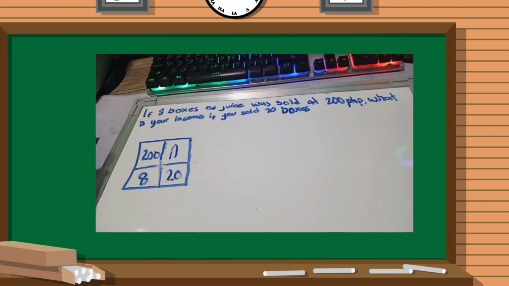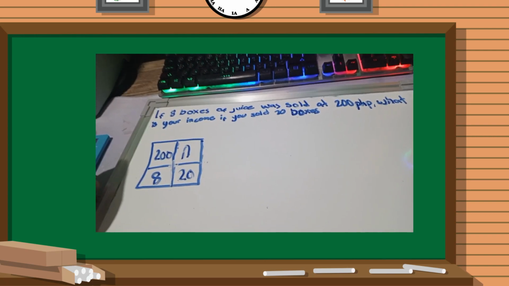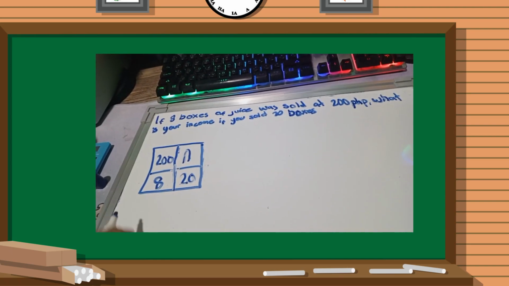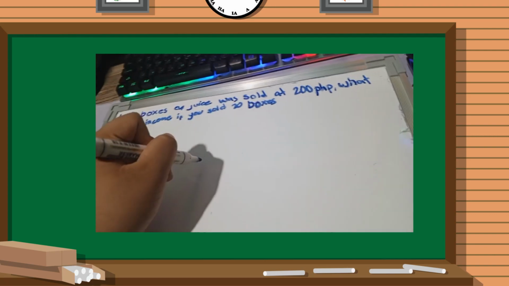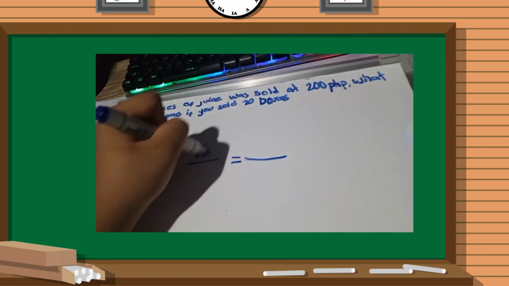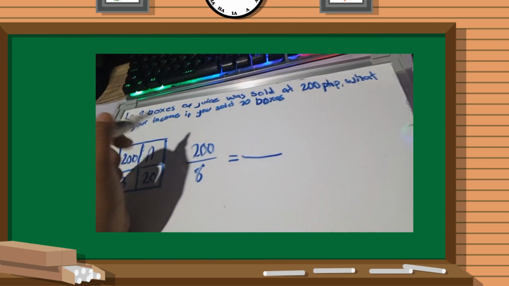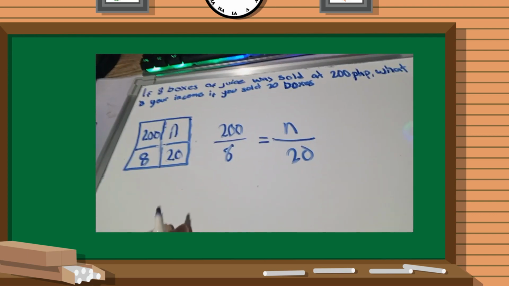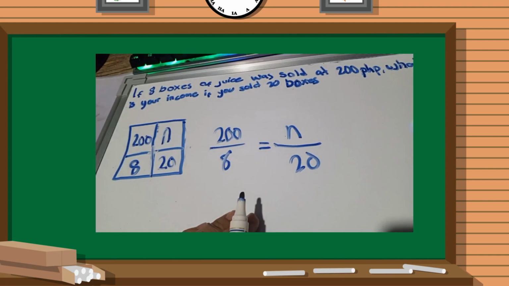After finding these variables, the next step is building our proportion. So our proportion should be 200 over 8 equals n over 20.